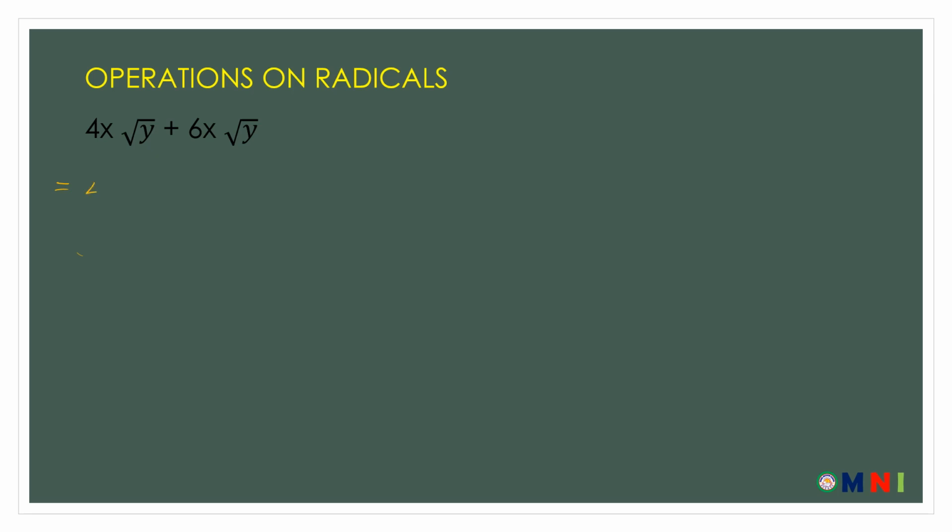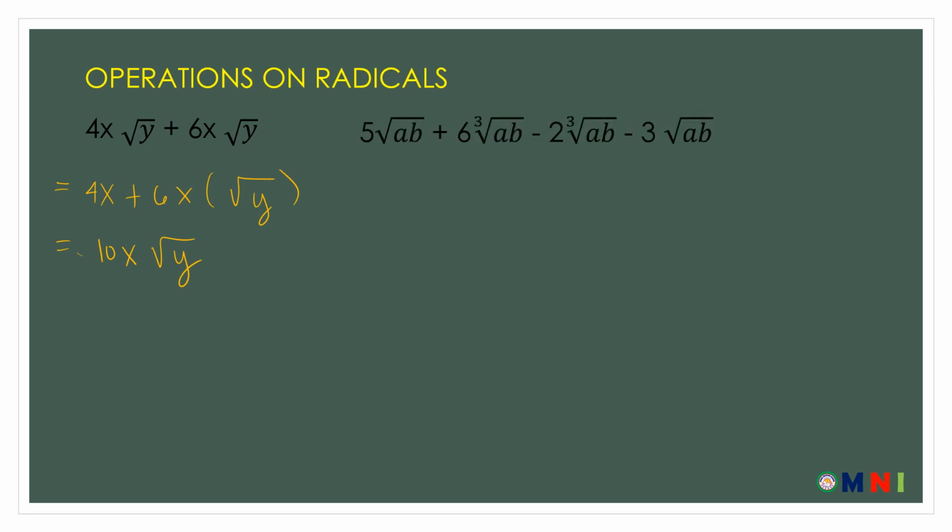We have here 4x plus 6x, and then just simply copy the square root of y. Therefore, 4x plus 6x is equal to 10x and then square root of y. So that's the sum of this given example.